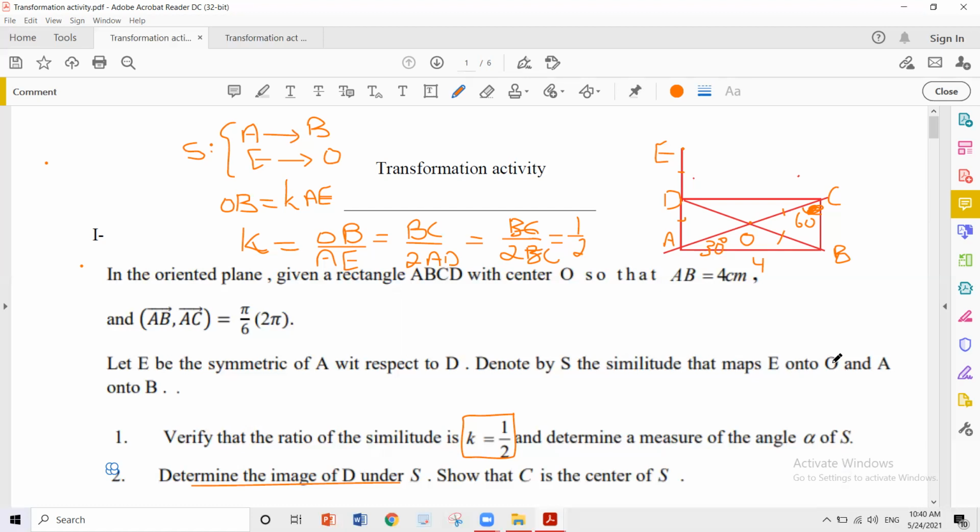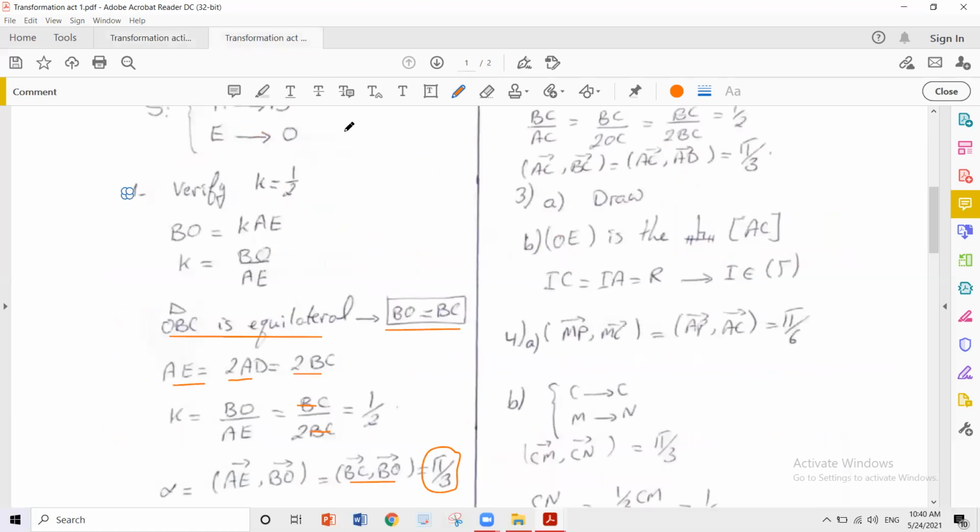The image of E is O and the image of A is B. And what will be the image of the midpoint of AE? It is the midpoint of which segment? OB. Good.